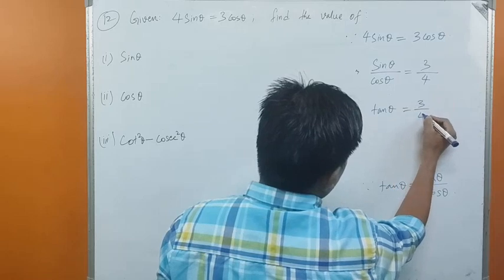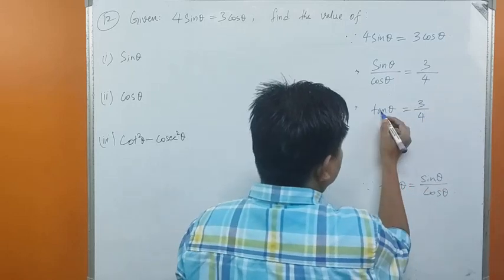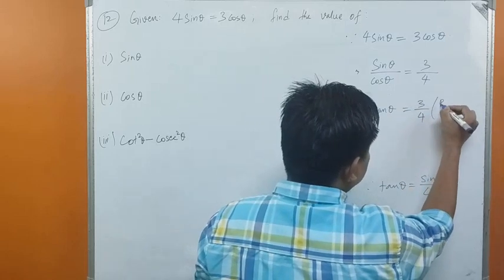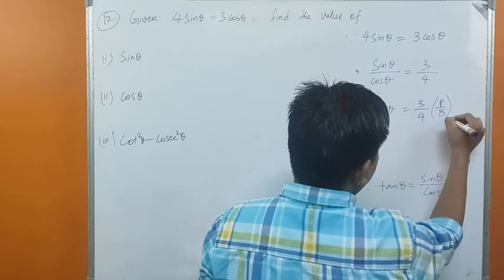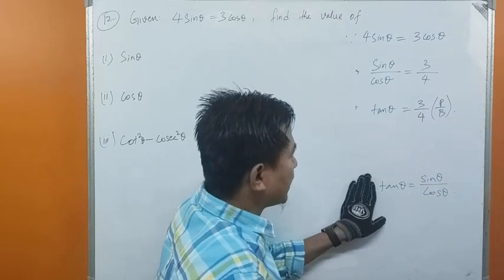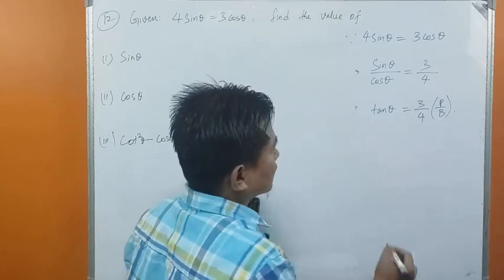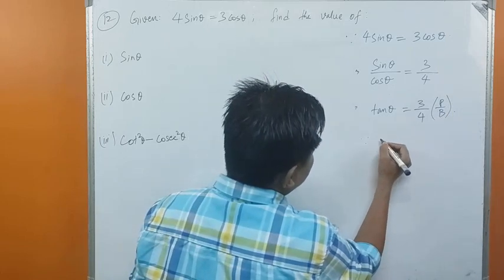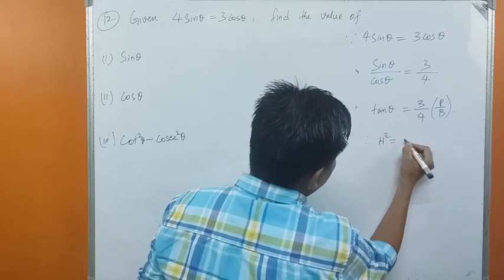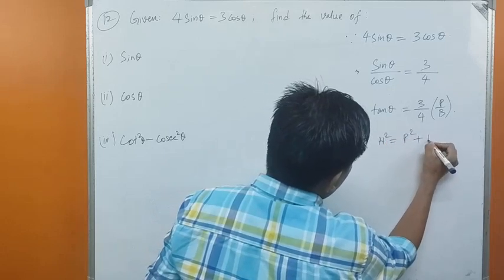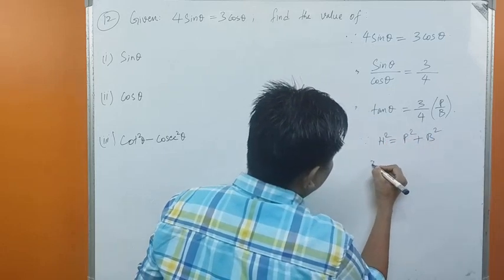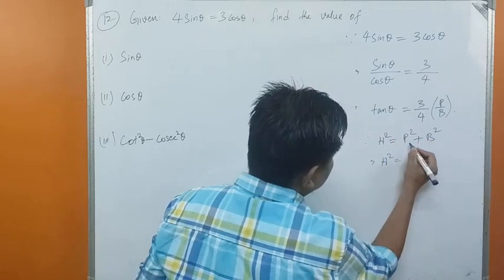Now tan theta means perpendicular upon base, isn't it? So we have perpendicular, we have base. Now let us find hypotenuse. Applying Pythagoras theorem, we have h square equals p square plus b square. What is p?